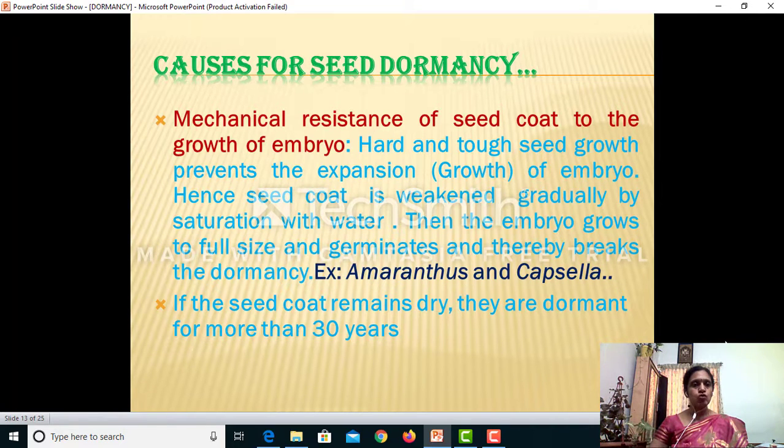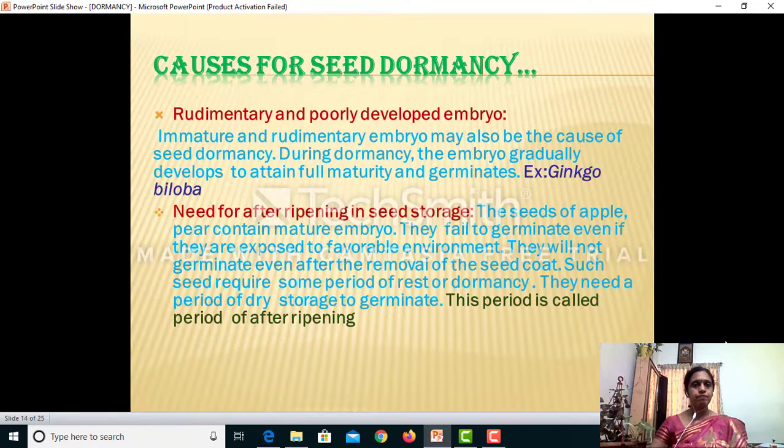Then the embryo grows to full size and germinates, thereby breaking the dormancy. Examples are the seeds of Amaranthus and Capsella. If the seed coat remains dry, they are dormant even for more than 30 years. This may be taken as an advantage for research work, because we can store the seeds without germination for many years for the purpose of future research.